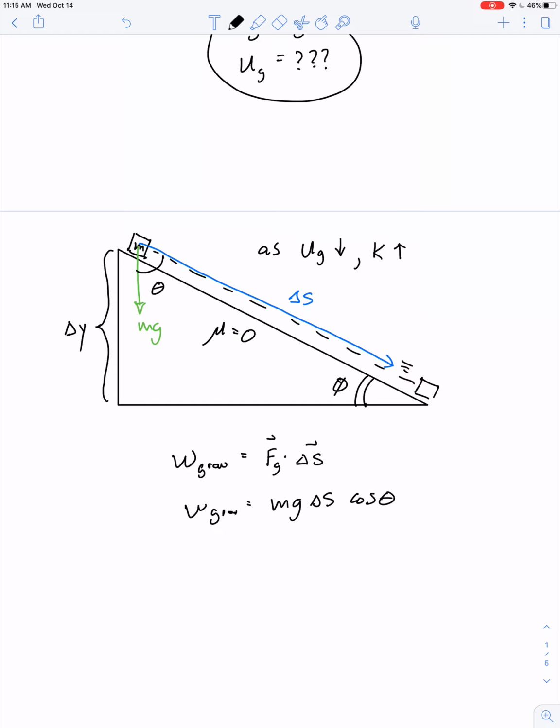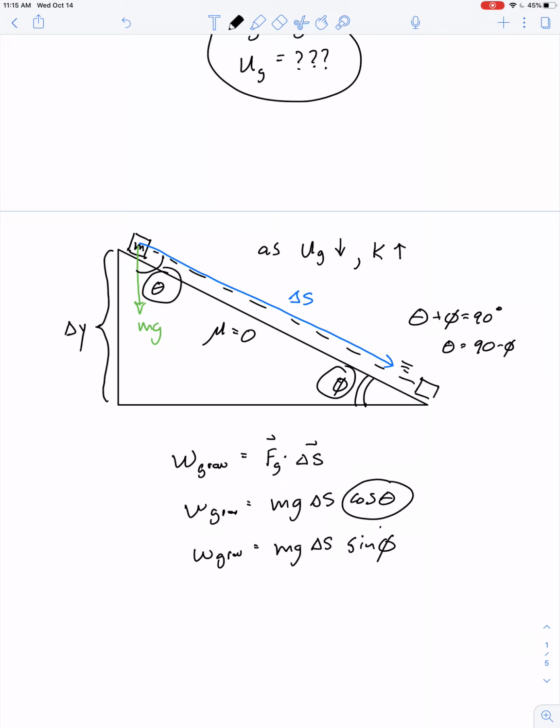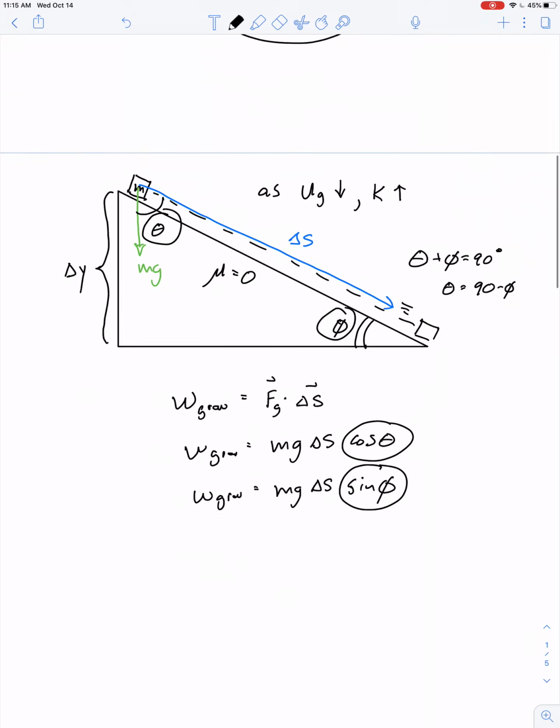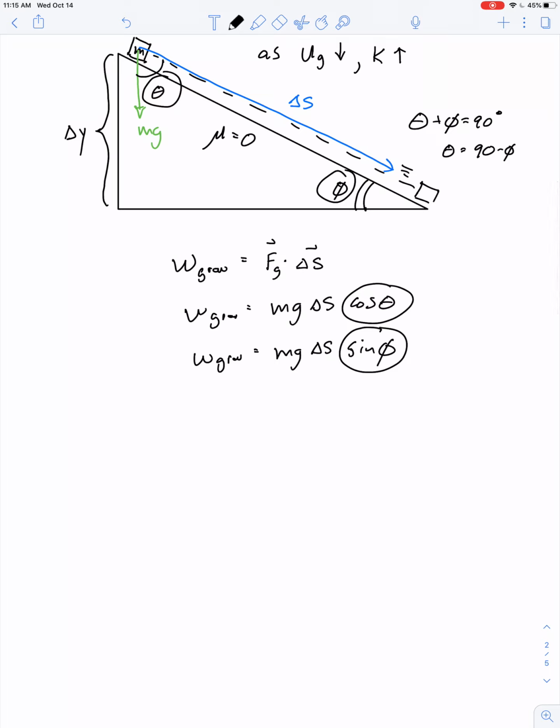However, because theta and phi are complements to one another, in other words, theta plus phi equals 90 degrees, or better yet, theta equals 90 minus phi, then we can say the work done by gravity is equal to mg delta S sine of phi, right? The cosine of theta and the sine of phi must be equal since those two angles add up to 90 degrees.